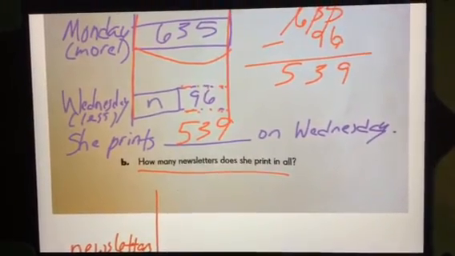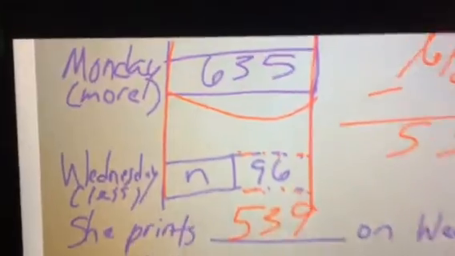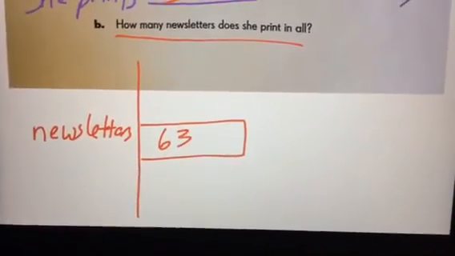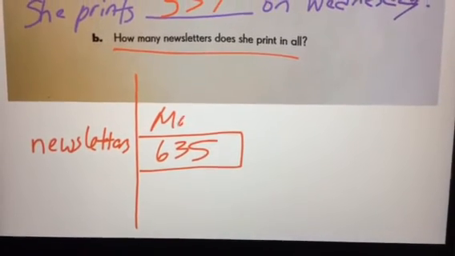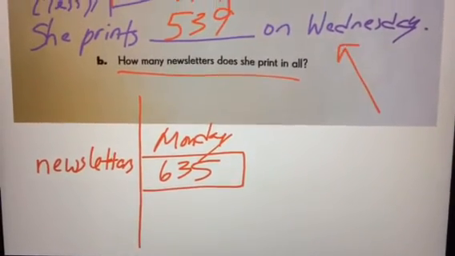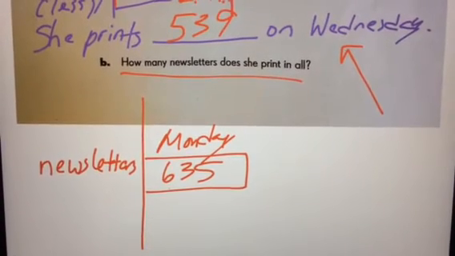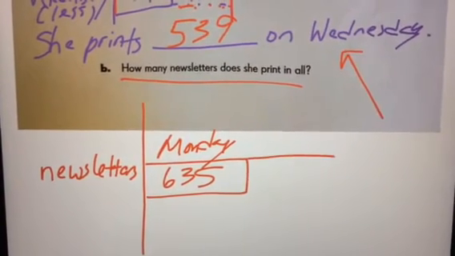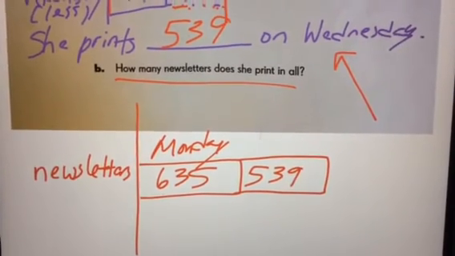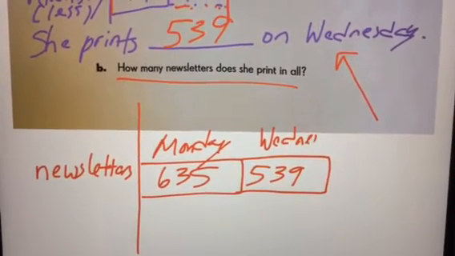So Monday, she printed 635. 635 for Monday. And then look, how many did she print on Wednesday? The other part is 539 for Wednesday.